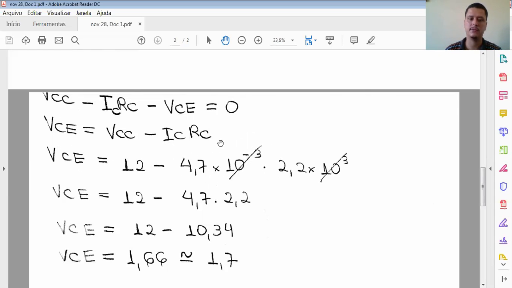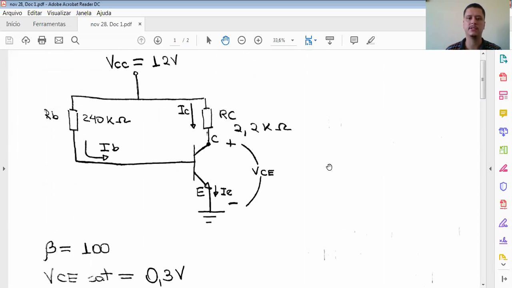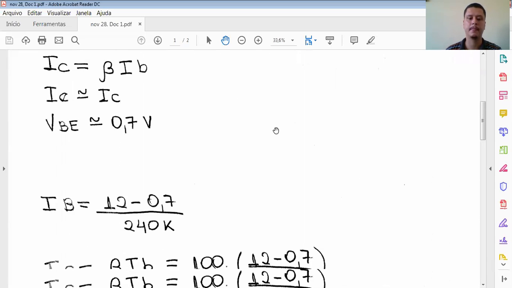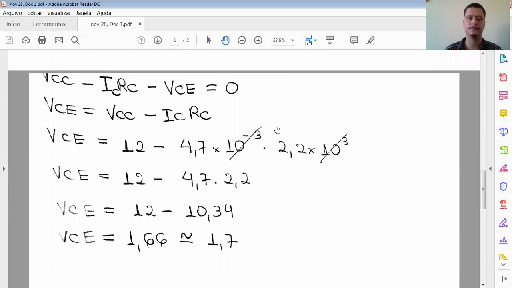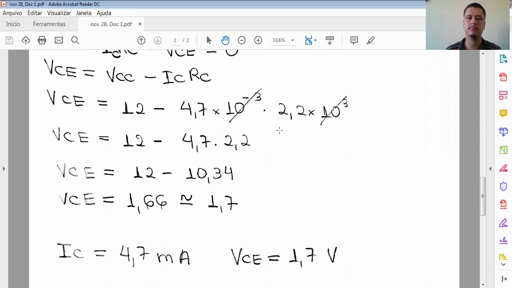So 4.7 times 10 to the power of minus 3 amperes times 2.2 times 10 to the power of 3 ohms, because it's 2.2 kilo ohms, as you remember from the base circuit. Okay? So, doing the calculation, we're going to reach VCE equals 12 minus 4.7 times 2.2, because we can cancel 10 to the power of minus 3 and 10 to the power of 3.